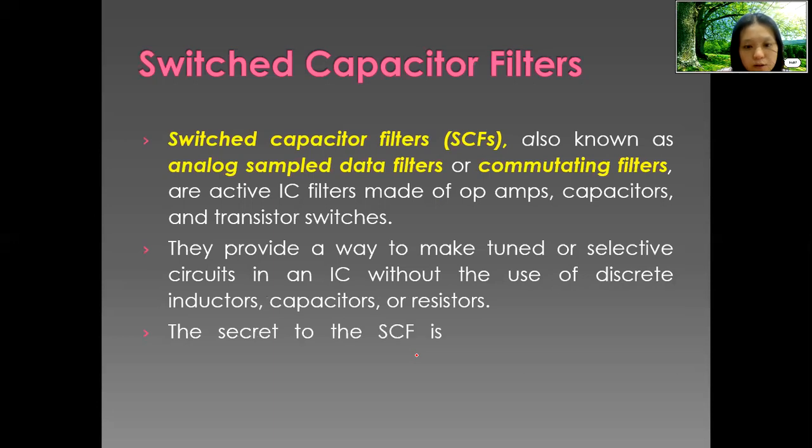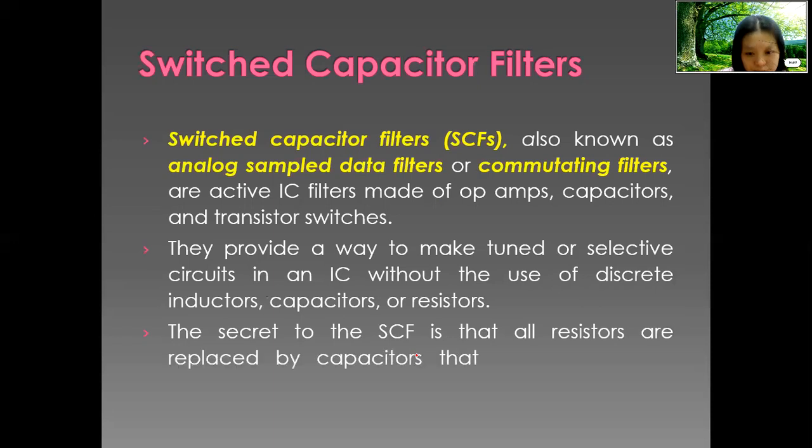The secret to the SCF is that all the resistors are replaced by capacitors that are switched by MOSFET switches. We can see here that the resistors are replaced by capacitors, and this capacitor is switched by the MOSFET switch.